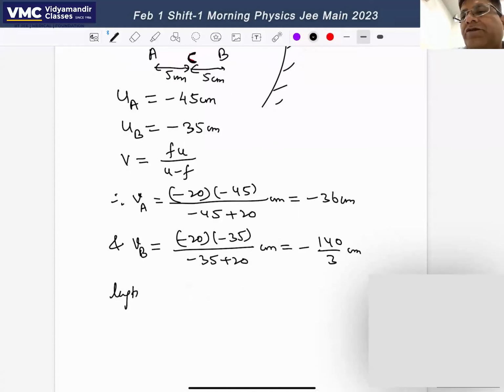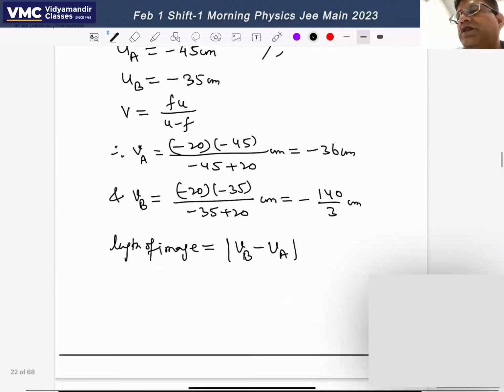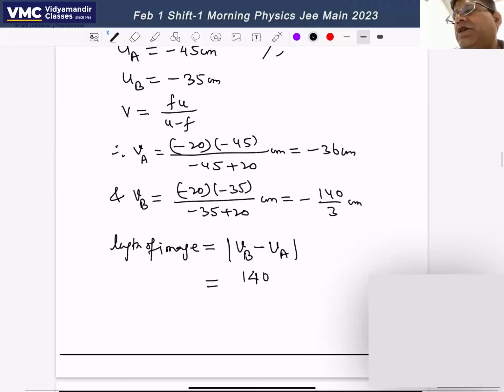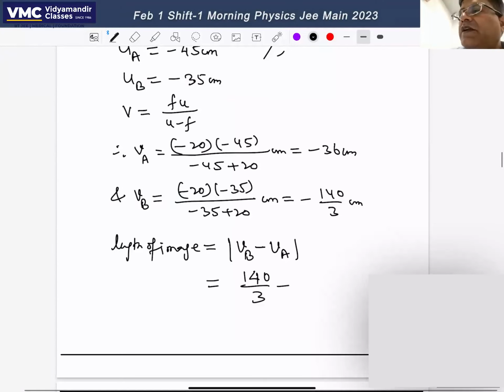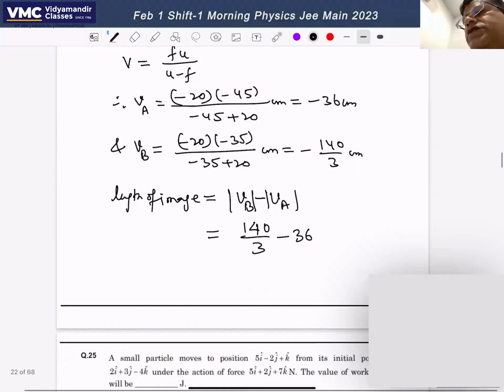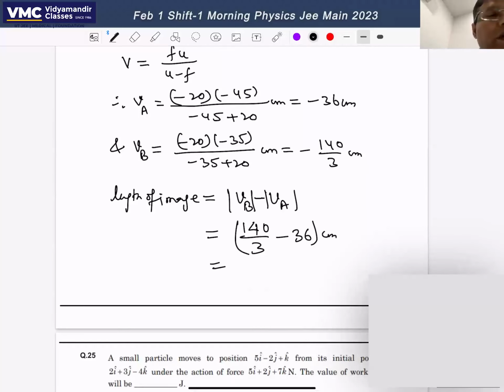The length of the image will be the difference between these two, that is, the mod of the position of B and the position of A. So we take the difference of magnitudes of these distances: 140 by 3 minus 36, in centimeter, and it is 32 by 3 centimeter, which is x by 3 centimeter.